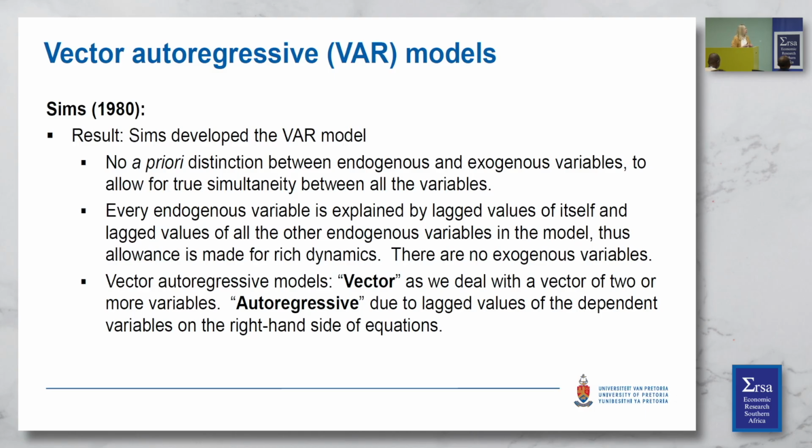So we include that in the error correction VECM literature as an exogenous event. Every endogenous variable can then be explained by all other variables in the system. So we say vector because if we have 3 variables, federal funds rate, unemployment, inflation, we have a vector of 3 variables.